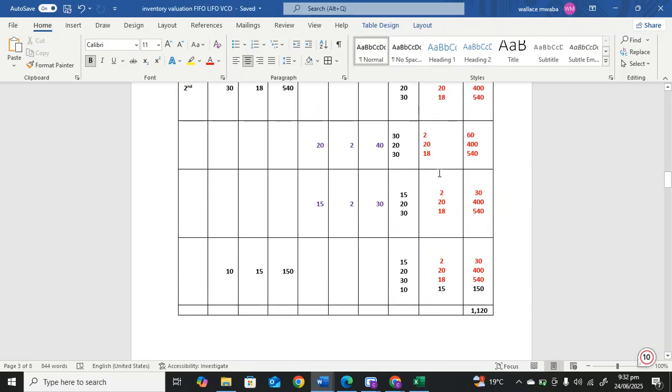And the value of cost of goods sold, you just add this 40 plus 30, 70. This is the value of the cost of the goods sold. And you are done.